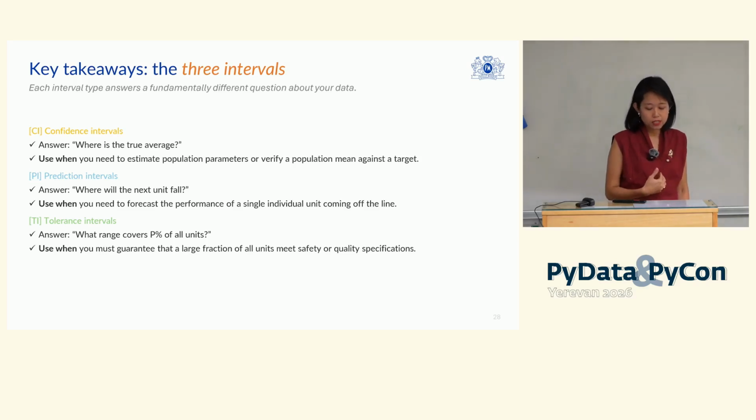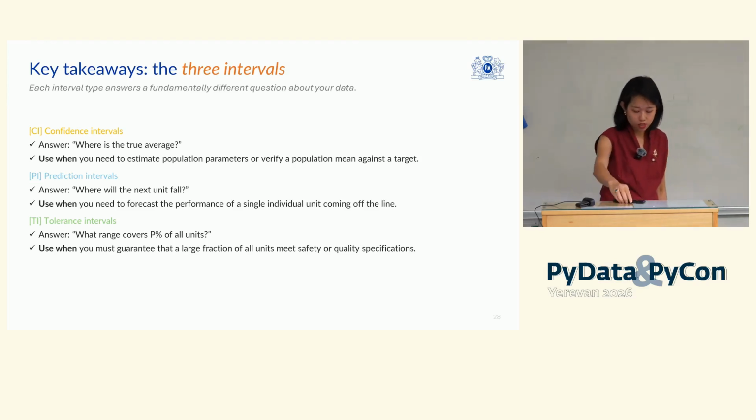Prediction intervals: use this if you want to answer the question, where will my next single observation unit fall? And the tolerance interval is answering, apart from the future performance, we're also talking about the proportion of our future observations.